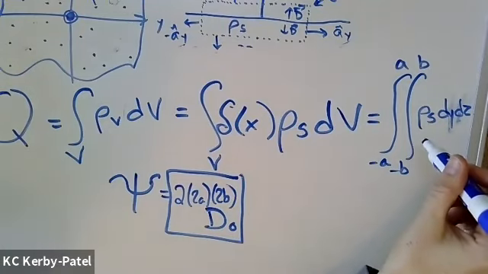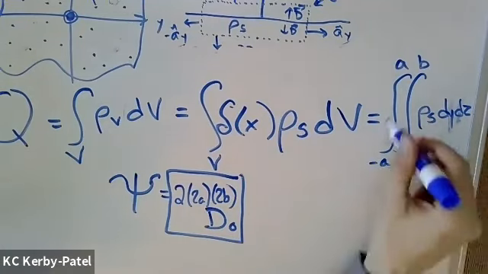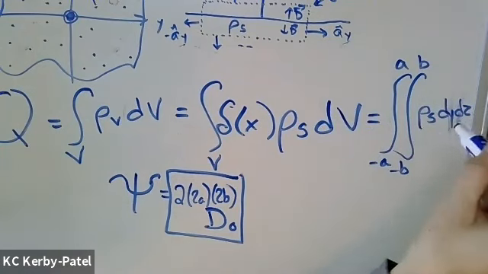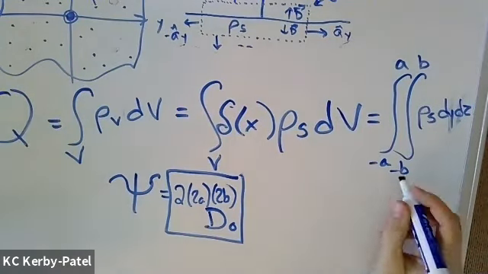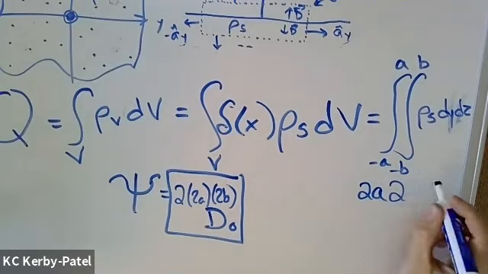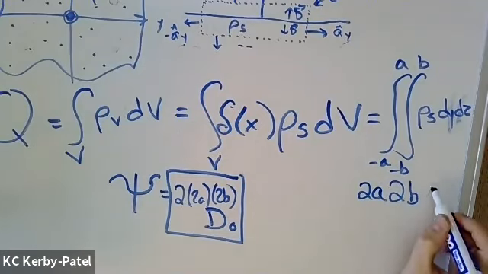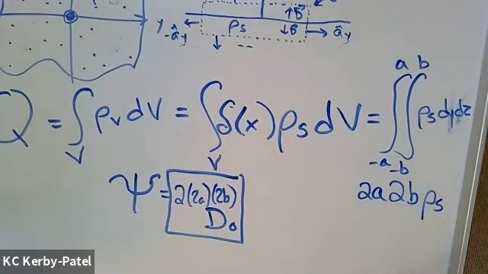Okay, so evaluating this integral for the enclosed charge, I end up with 2a, 2b, rho s.